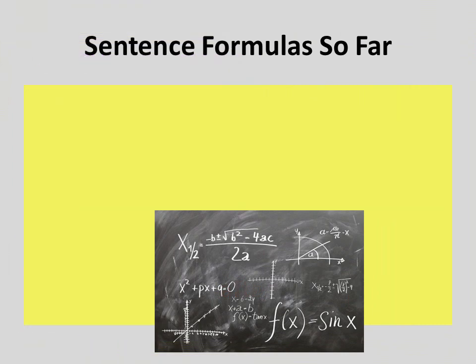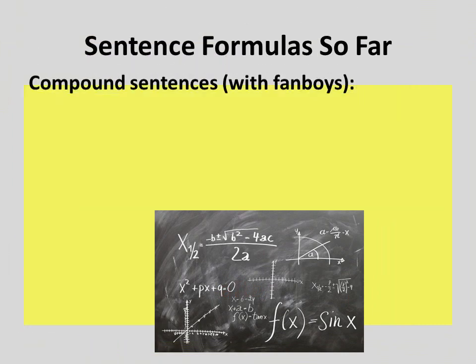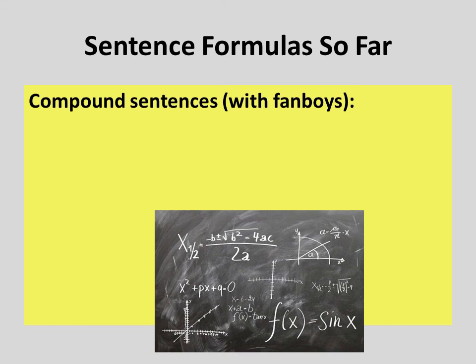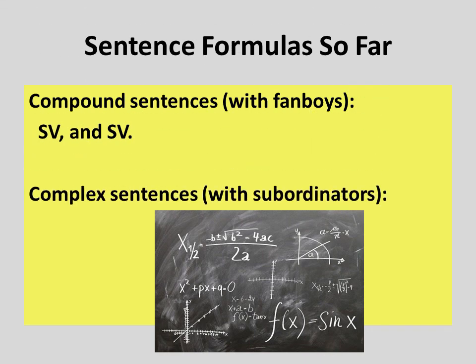So we've learned 3 sentence formulas so far. For compound sentences with the coordinating conjunctions, also known as the fanboys, we have subject verb, comma, and subject verb. Just the one formula. For complex sentences that use subordinating conjunctions, we have if subject verb, comma subject verb, and we can also use subject verb, if subject verb.